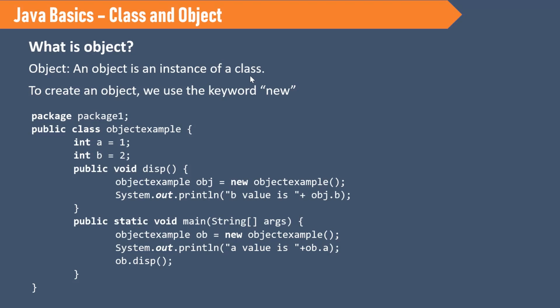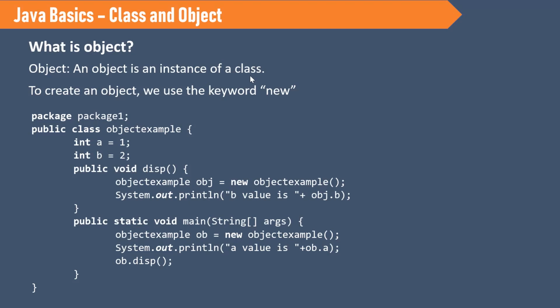That is all nothing but a plan, and that plan is nothing but a class. Using that plan, you can create not just one house, but multiple houses. All those houses are nothing but objects. Each object might differ in its properties.